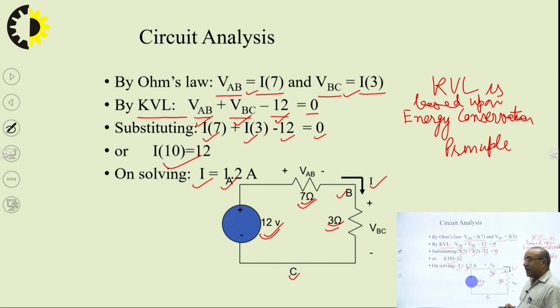So that way energy remains conserved. So that's why we say KVL is based upon the energy conservation principle. So this is how we apply KVL in a loop, and what KVL is, plus on which principle KVL is based. So this is all about this.